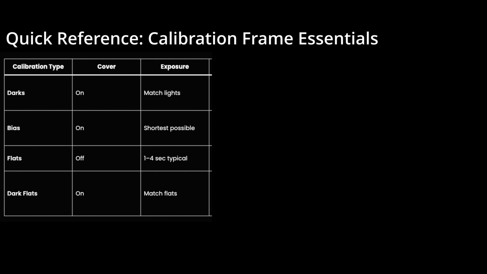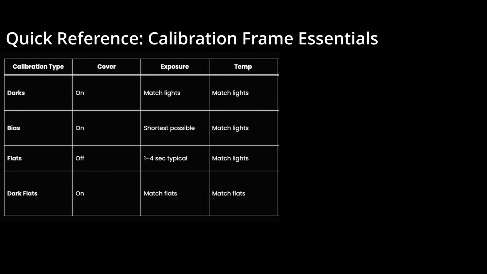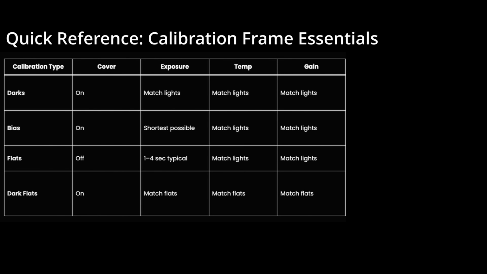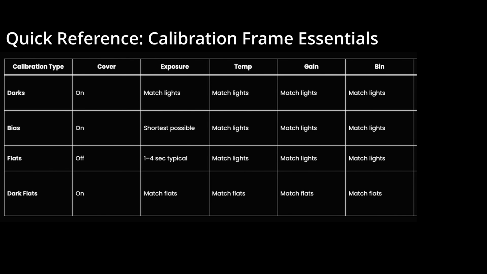And then you want to make sure that you match your flats with your dark flats. So for temperature, you pretty much want to match the lights all the way across. Dark flats match the flats, and the flats are going to match the lights. So anyway, everything basically comes down to matching the lights. For gain, you want to match the lights again, same situation, and binning is the same as well.